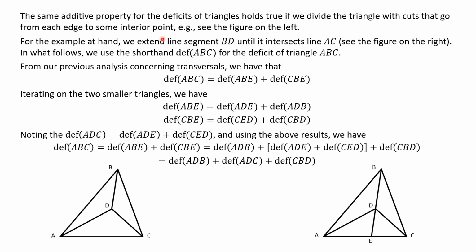We can show that in this slide. First, we extend the straight line from B through D down to AC, where it intersects at point E. Then we write down the various deficits.